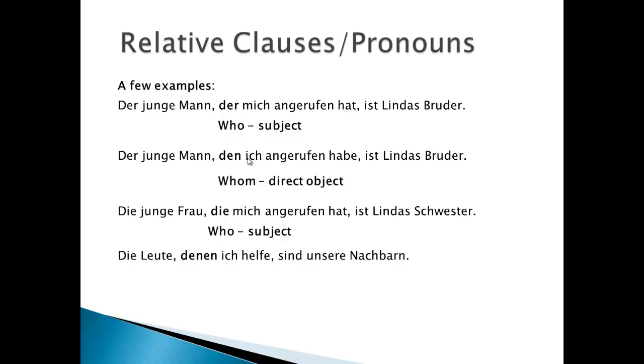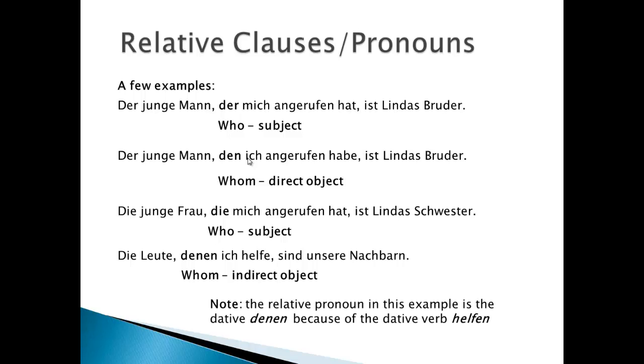Third one, die mich angerufen hat, is referring to die Frau, the woman who called me, is Linda's sister. And then the last one we have a dative plural, and we do so because of that verb helfe. Remember, the verb helfen, to help, is a dative verb. And I stress that again there in the note.